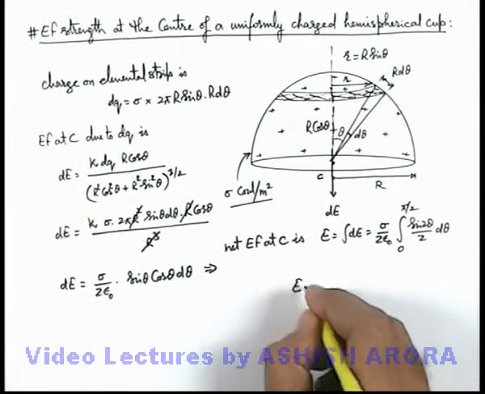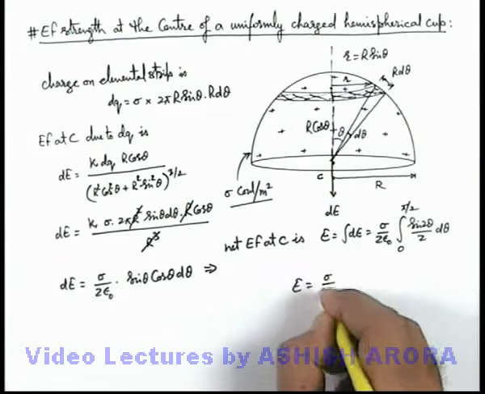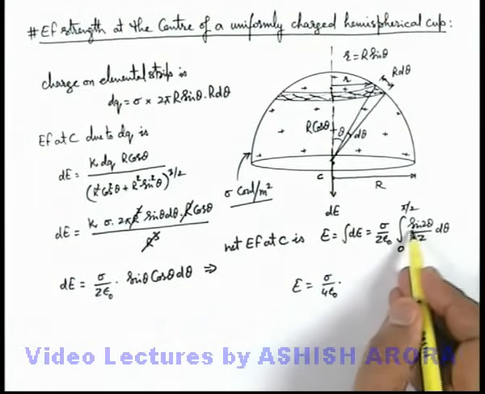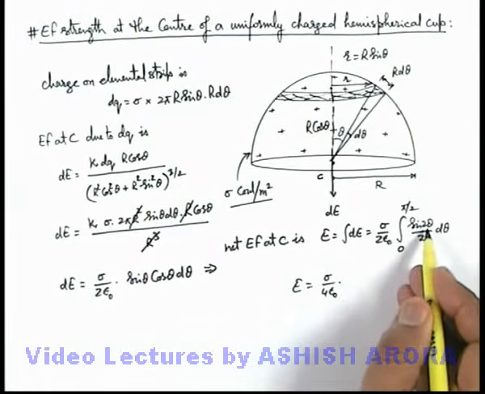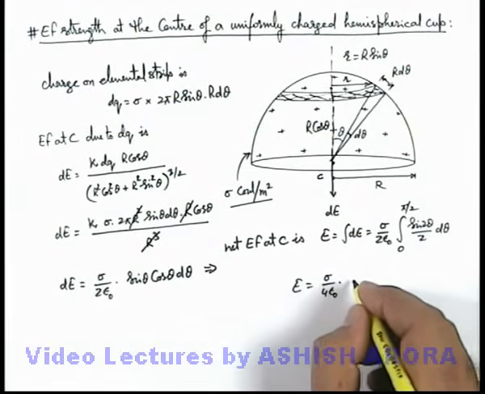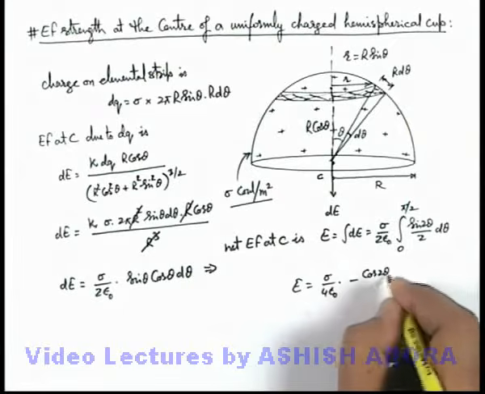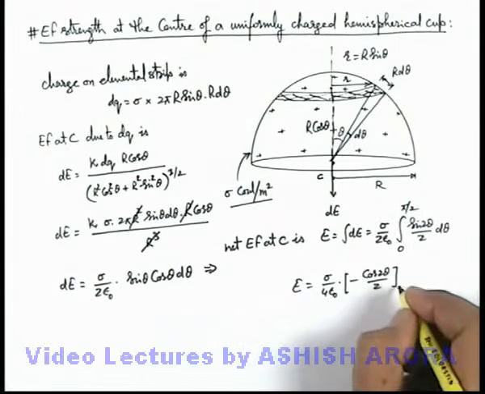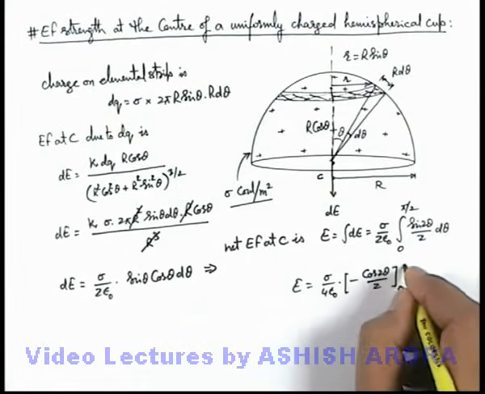So here this final electric field will be sigma by 4 epsilon naught multiplied by this integration of sin 2 theta, which we can write as minus of cos 2 theta by 2, and its limits will be substituted from 0 to pi by 2.